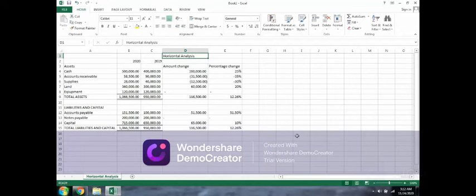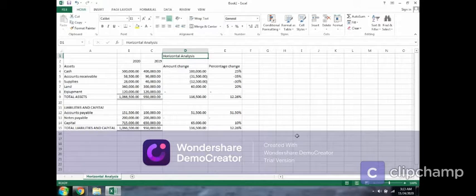But because it decreased, the percentage should be negative 35%. So when we interpret this, negative 31,500 is the decrease in accounts receivable, and there is a decrease in accounts receivable from 2019 to 2020 by 35%.